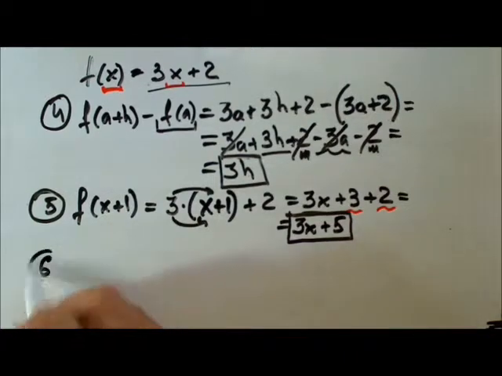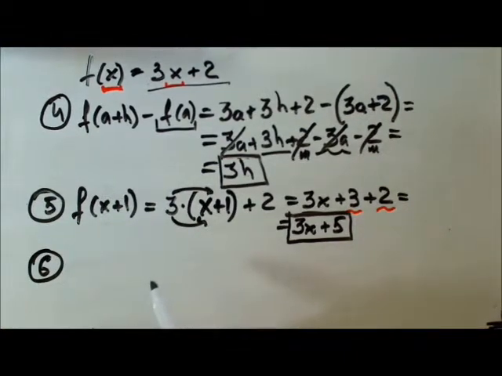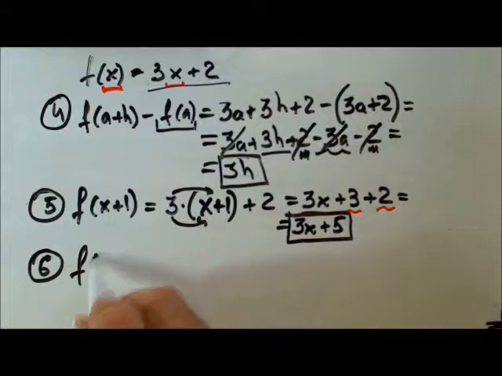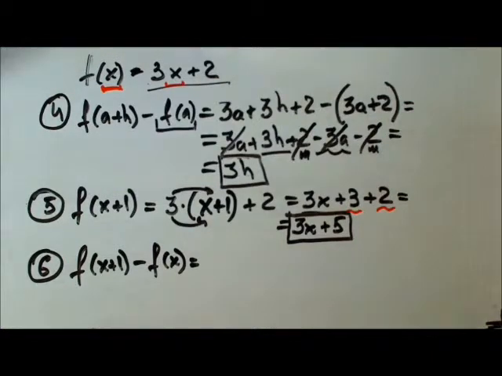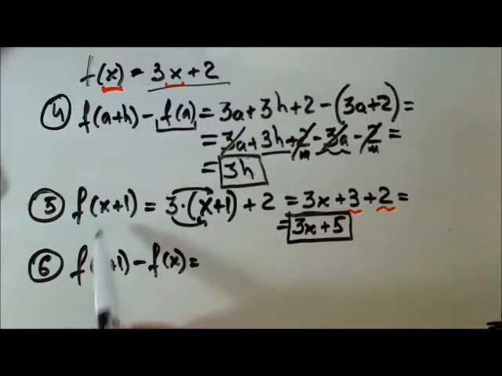Next, number 6. We have to calculate f of x plus 1 minus f of x. Like we did before, f of x plus 1 is equal to 3x plus 5.